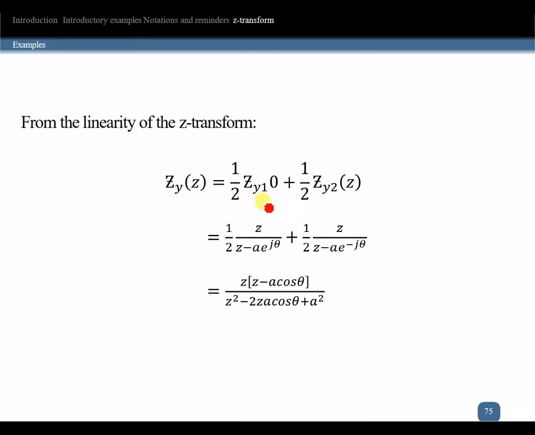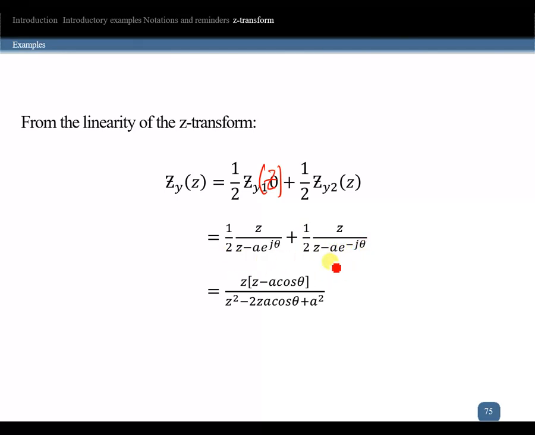Now you have two parts. One of them is a half of the first answer, the other is a half of the second answer. This is the z transform. Here they made a mistake. The first answer will be half of z over z minus a e^(jθ). Another one becomes half of z over z minus a e^(-jθ).